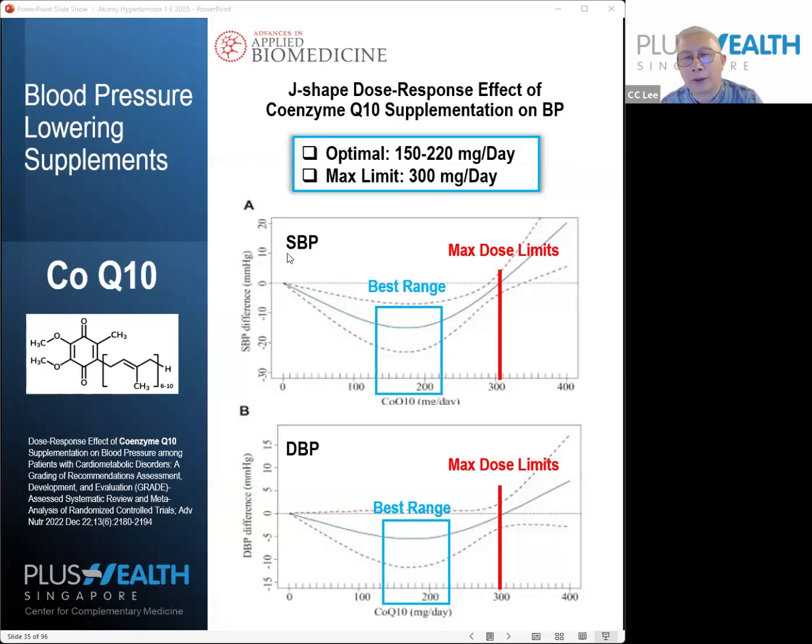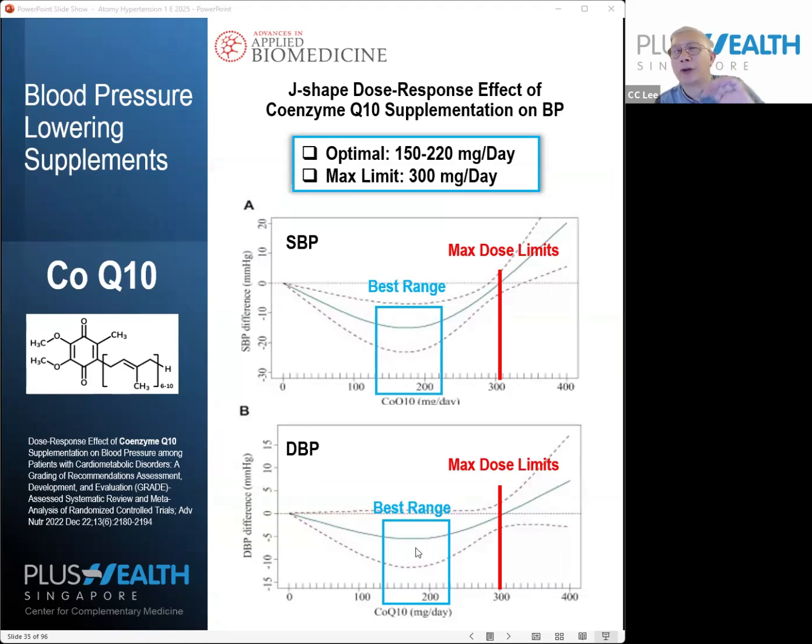Now, you can see here for the SBP and the DBP, coenzyme Q10 has an optimal dosage. When you take between 150 to 220 milligrams per day of coenzyme Q10, you have the best drop in your SBP and DBP.